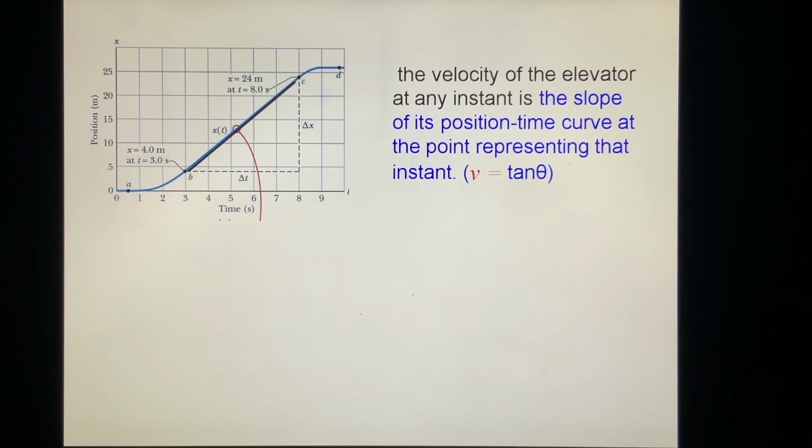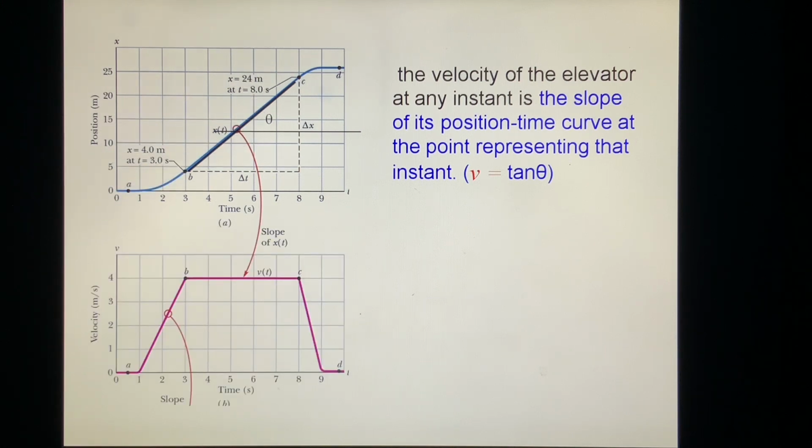In this area, it's a straight line. That means the tangents are the same, which means the velocities are the same. So from time 3 seconds to time 8 seconds, the elevator goes up with uniform speed.